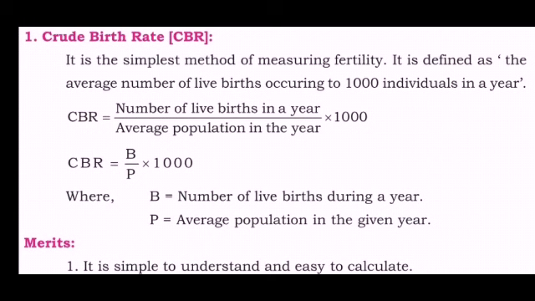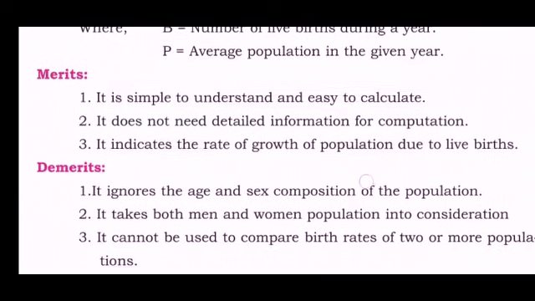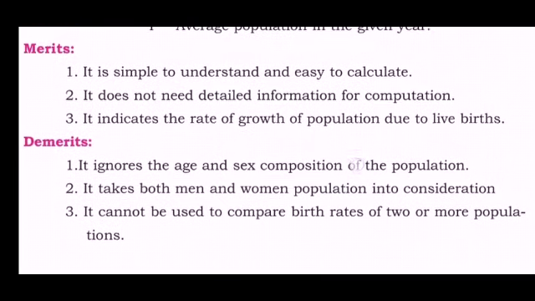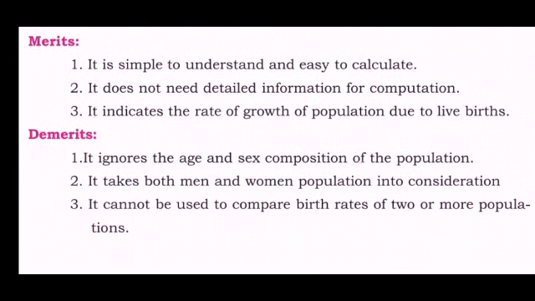And next comes merits and demerits. What are the merits? The first merit is, it is simple to understand and easy to calculate. Its calculation is very simple and easy, as we just count the population irrespective of gender and all. We go on counting the population of a location and the live births and we calculate.